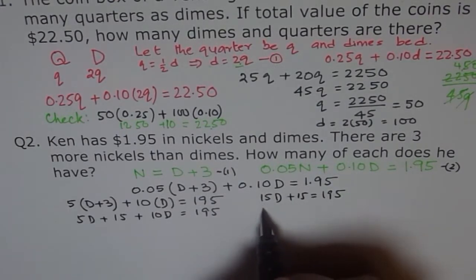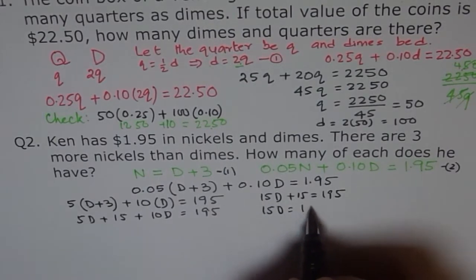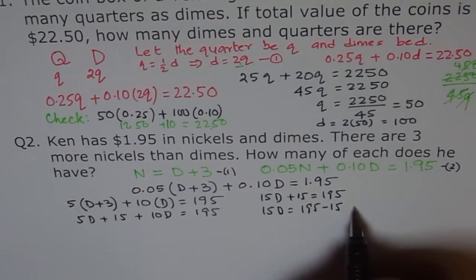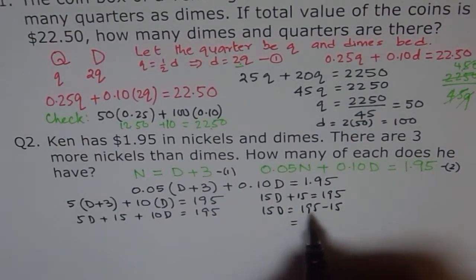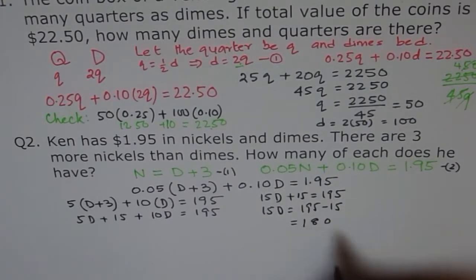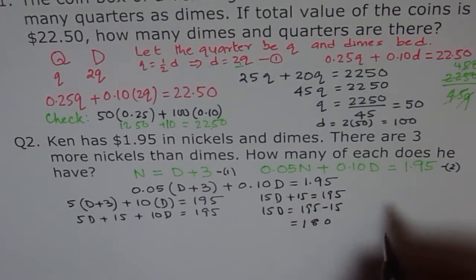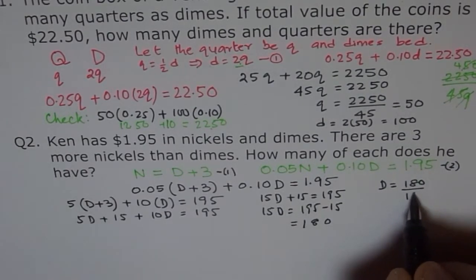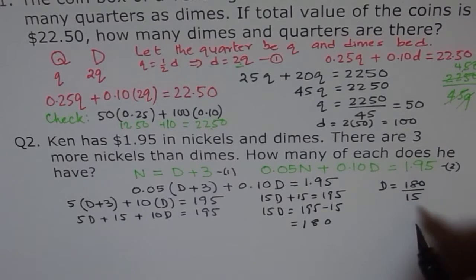So 15d is equal to 195 minus 15, which is how much? 5 take away 5 is 0, 9 take away 1 is 8, and 180, correct? And which implies d is equal to how much? 180 divided by 15. So can you divide?